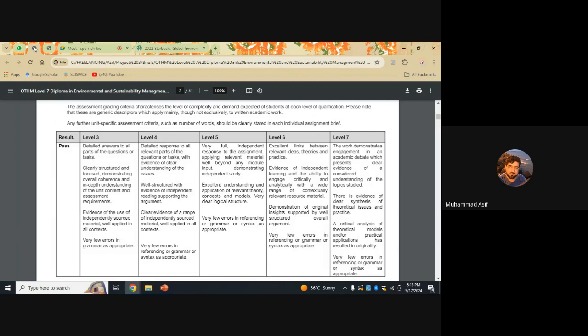But for the OTHM level 7 diploma in environmental and sustainability management, all units are developed according to the level 7 diploma. So all our units will fall in level 7. This is how they write it.